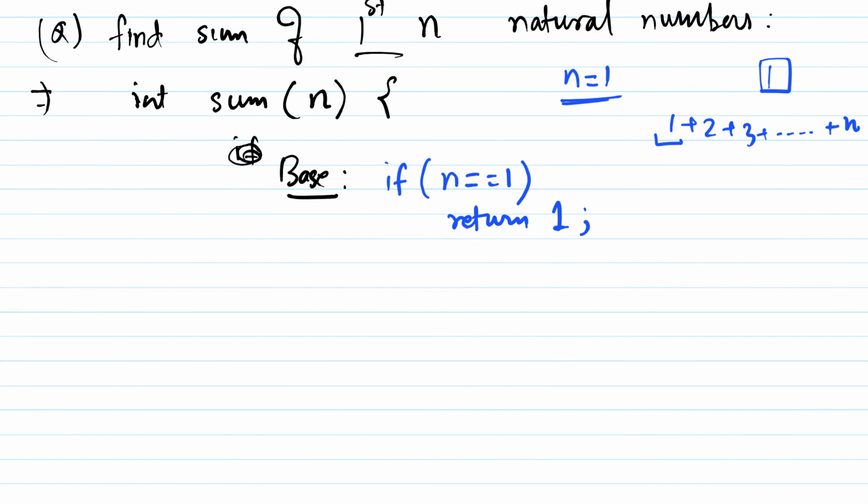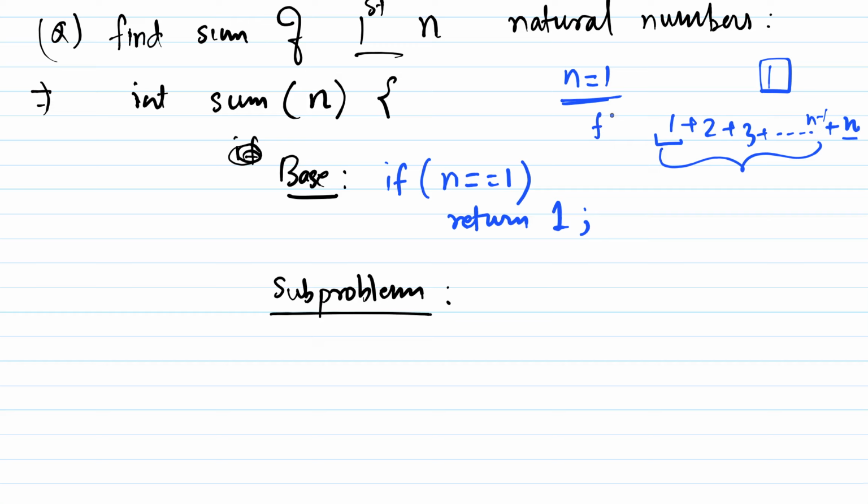Now let's write the second part, that is the sub problem step or recursion step. We will think about how, if we are given the sum till n minus 1, we can use it to solve the complete sum.